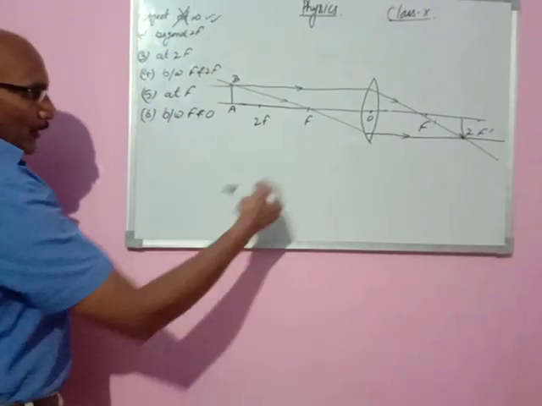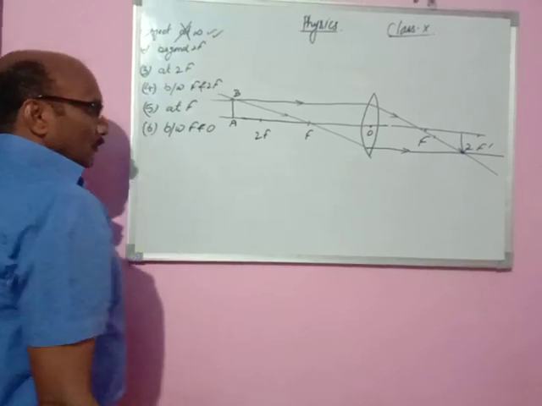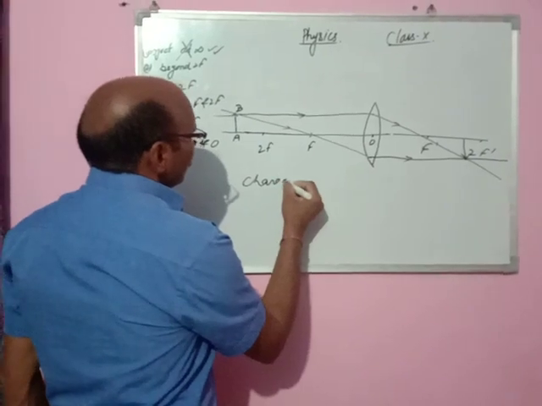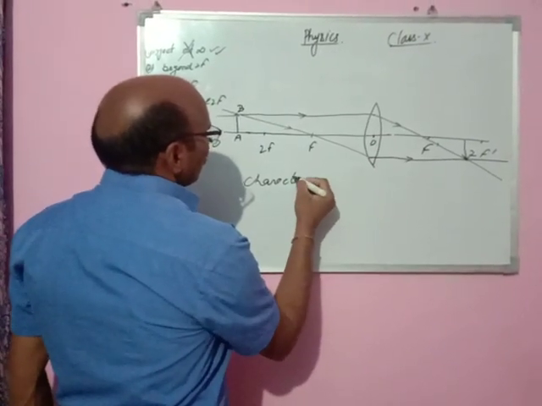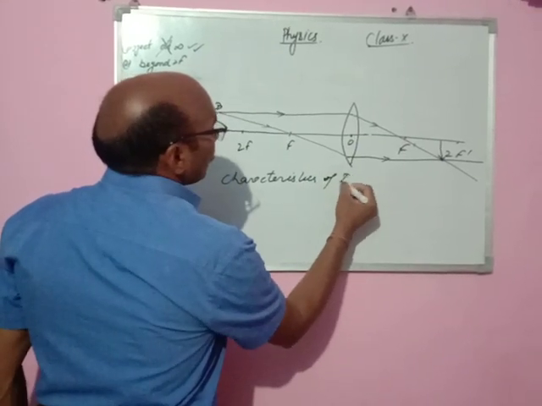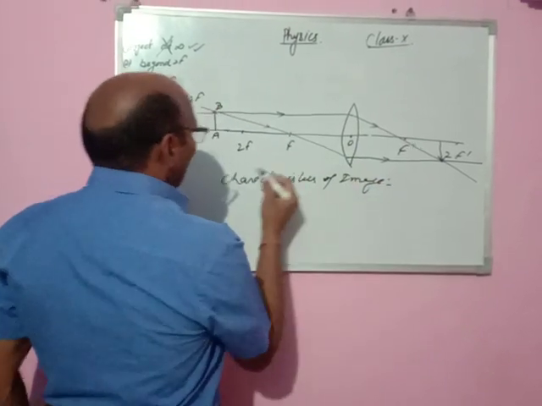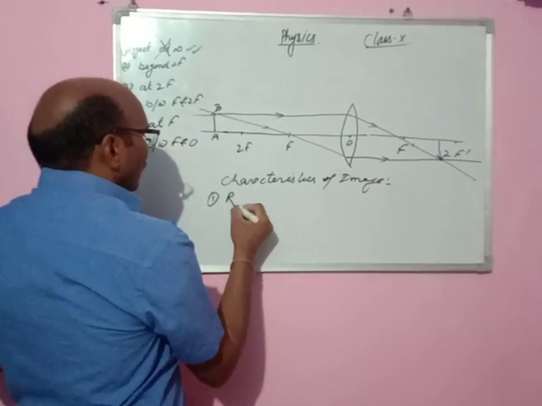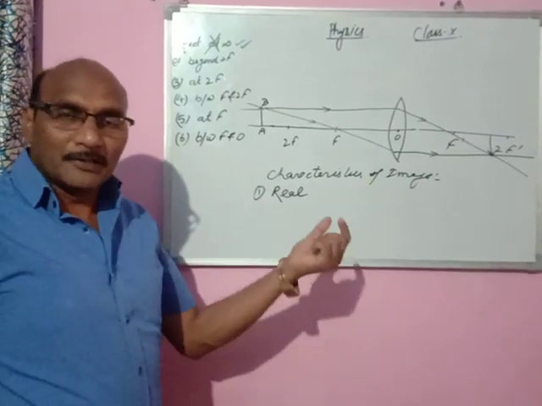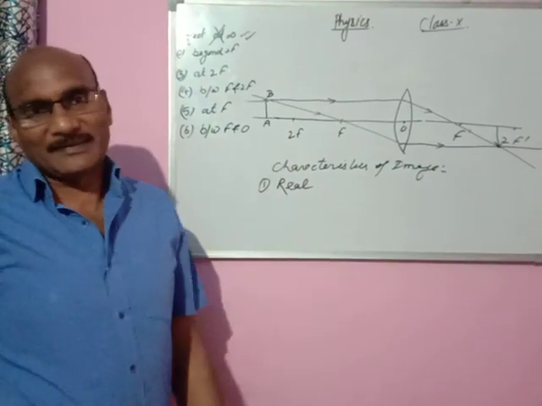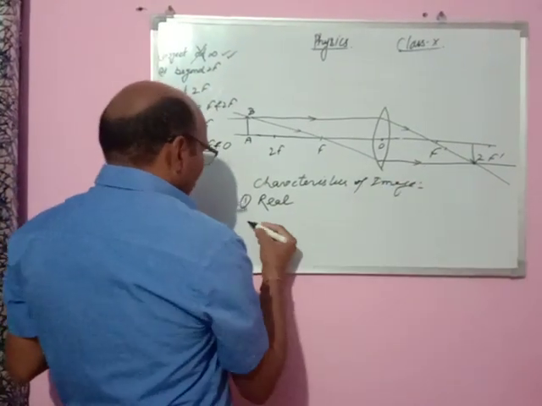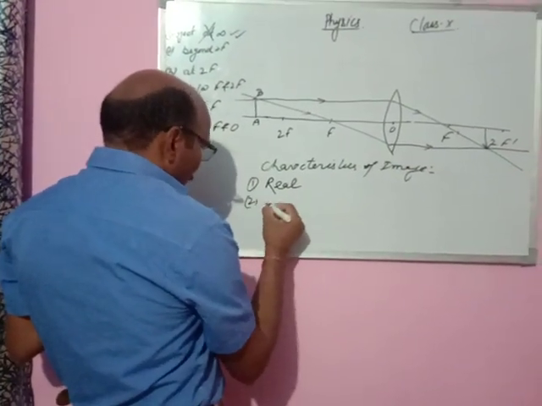Now we have to go through the characteristics of the image. Number one, real. A real image is formed when refracted light rays actually intersect each other. So it is a real image, and because it is on the opposite side, it is inverted.